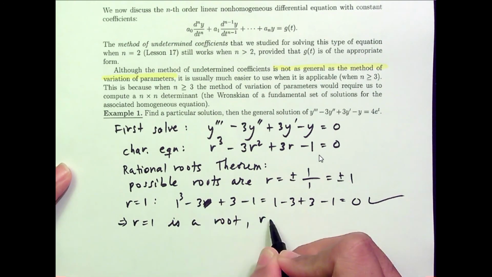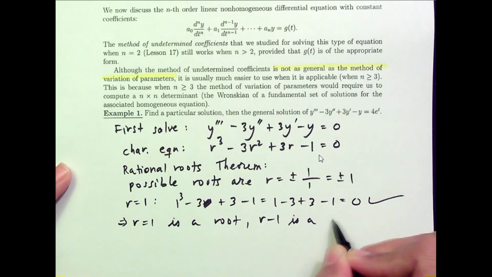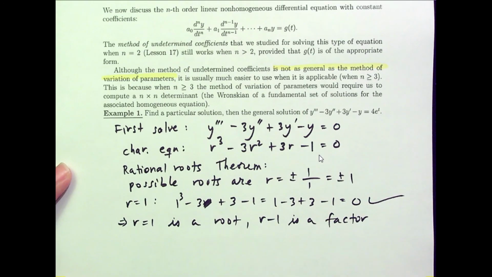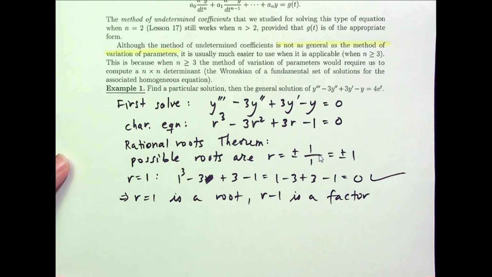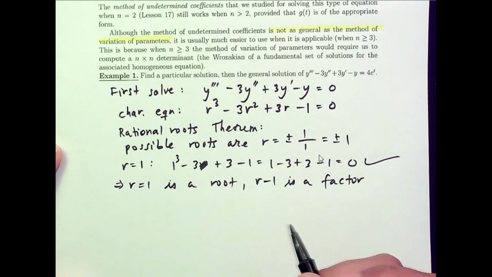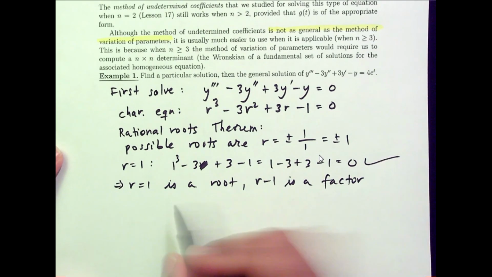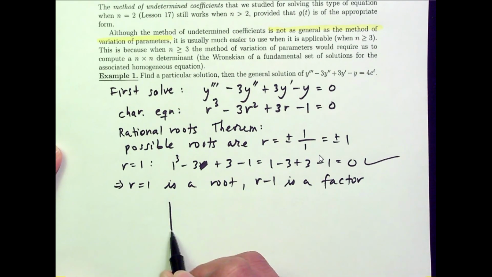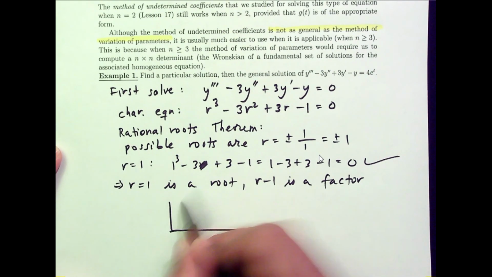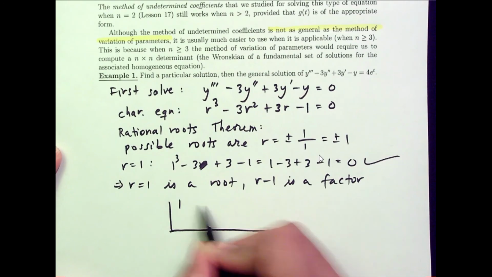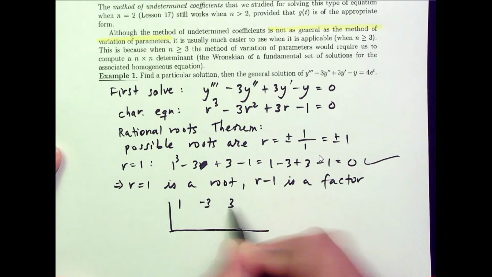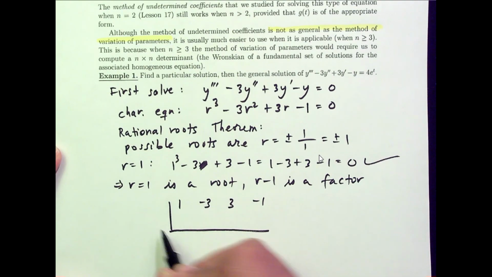So r minus 1 is a factor. Let's figure out the rest of the factors. Again, you could do long division or use synthetic division. I'm going to do synthetic division. Write the coefficients of this polynomial: 1, -3, 3, -1, and outside you put 1.